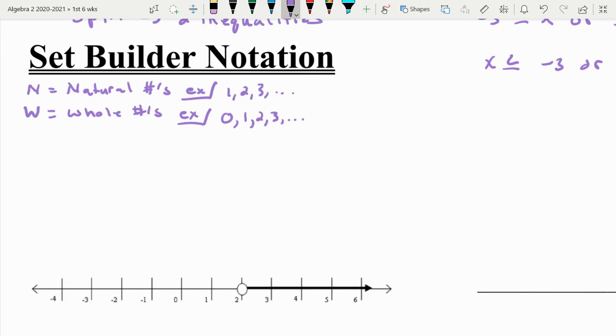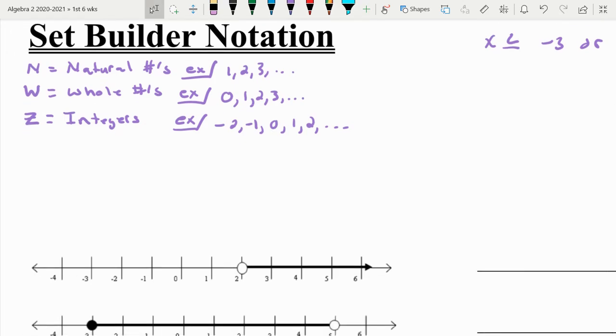Then we have a Z. These are integers. An example of this would be -2, -1, 0, 1, 2, and so on. So negative numbers are included there.